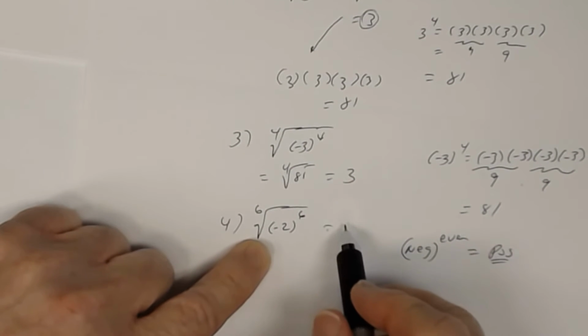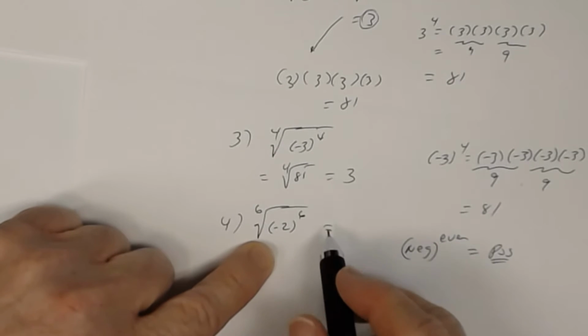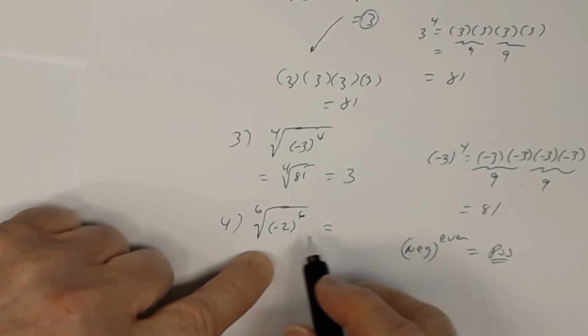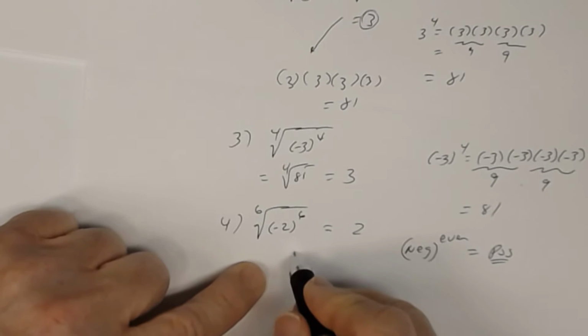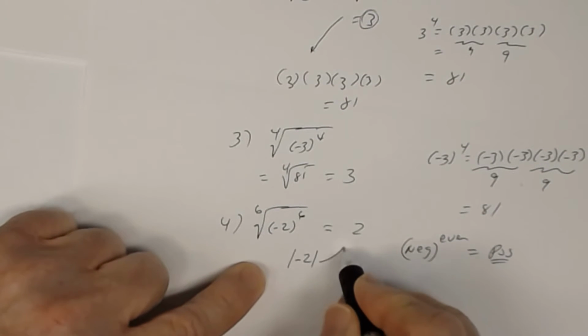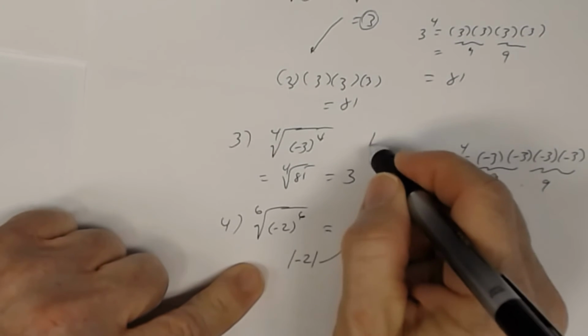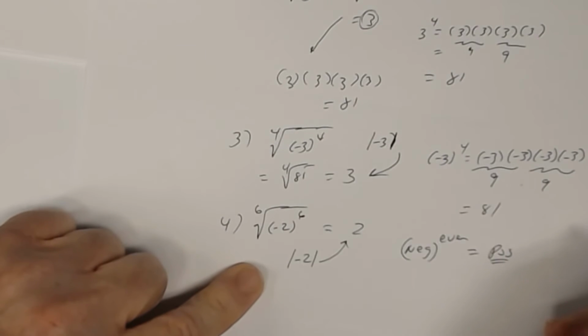So you can't say that's equal to a negative number. That's equal to a positive number. So the sixth root of a positive number has to be positive, right? So you have to say it's 2. So basically what you're doing is you're taking the absolute value of negative 2 and you're getting 2. So here you're taking the absolute value of negative 3, and you're getting positive 3.